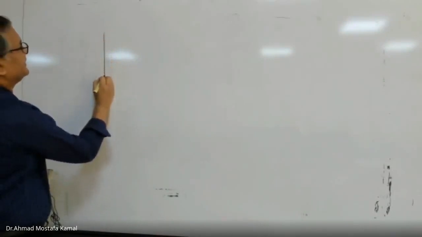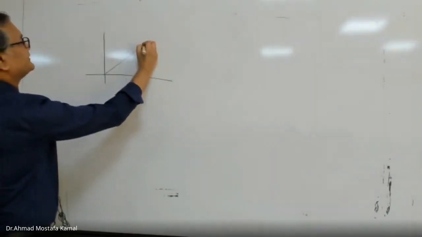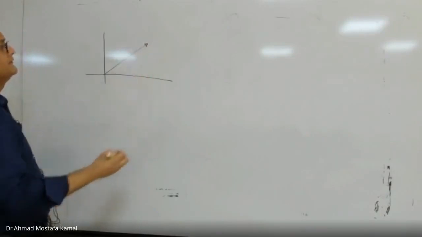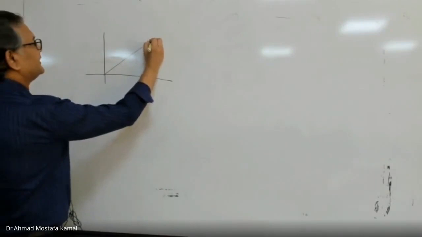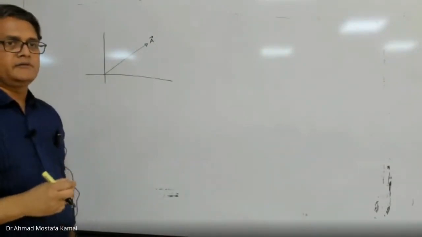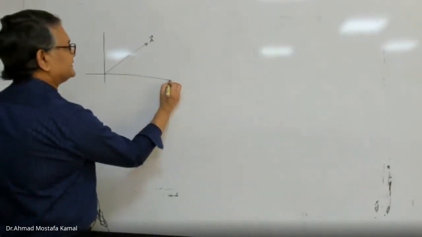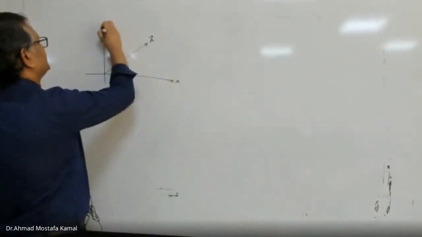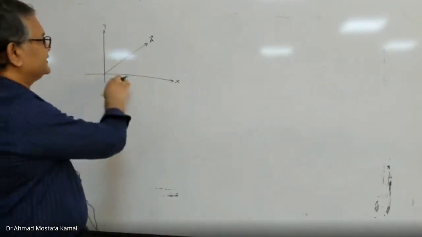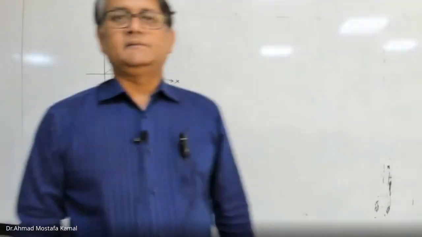If you have a vector like this, this is a vector with the name A. The length of this line is the magnitude. This is the x-axis and this is the y-axis. I'm talking about the component. It is not working along the x-axis or y-axis. It is a combination of x and y-axis, as you know.